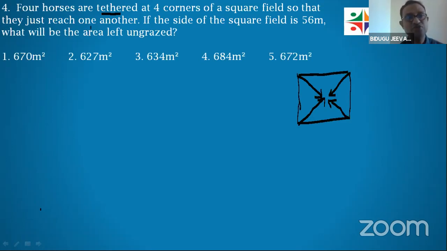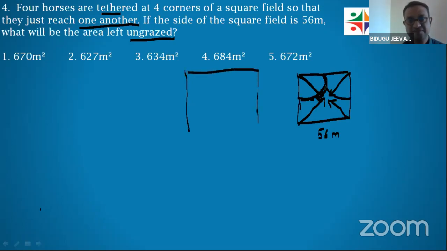They just reach one another. First horse, it is grazing like this. If the side of the square field is 56 meters, what will be the area left ungrazed? So this is grazing. It is also grazing. Let me draw this picture again, right?